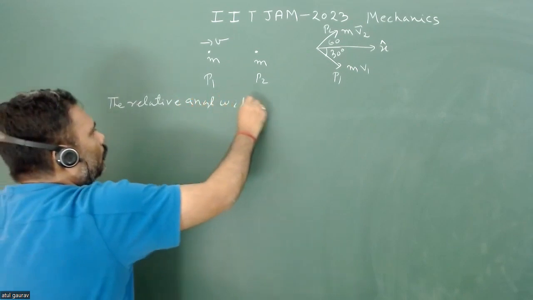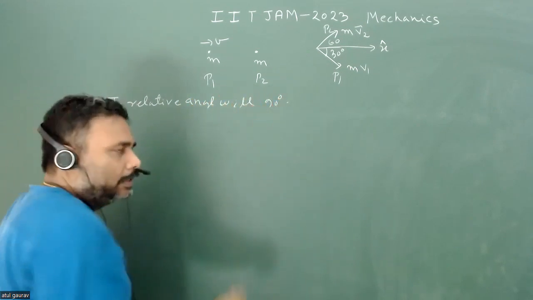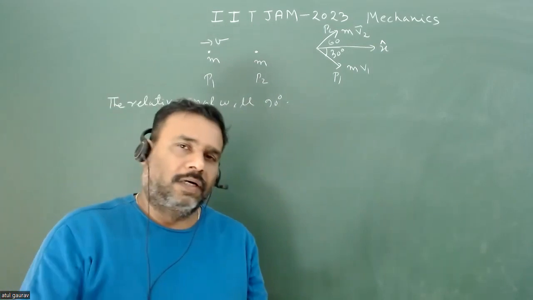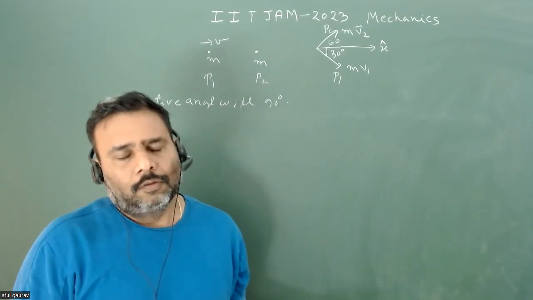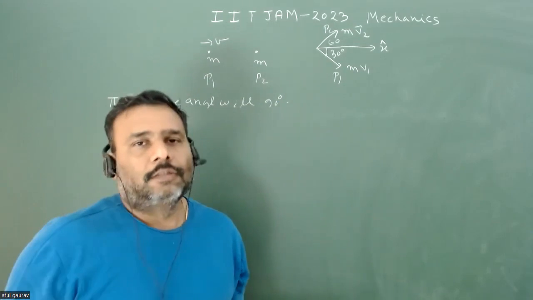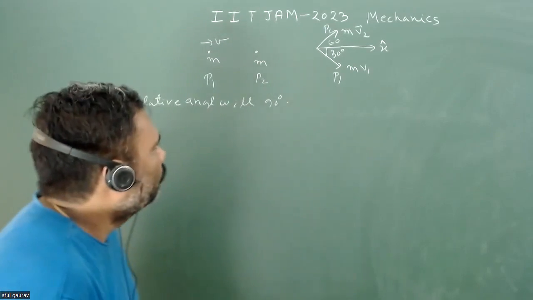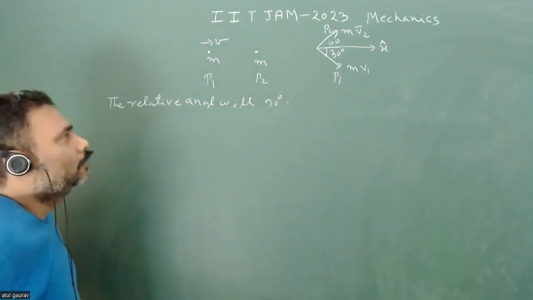This is actually a theorem of elastic collision. You can find it in any good book, and it is also discussed in our study material. So first we just check this option.